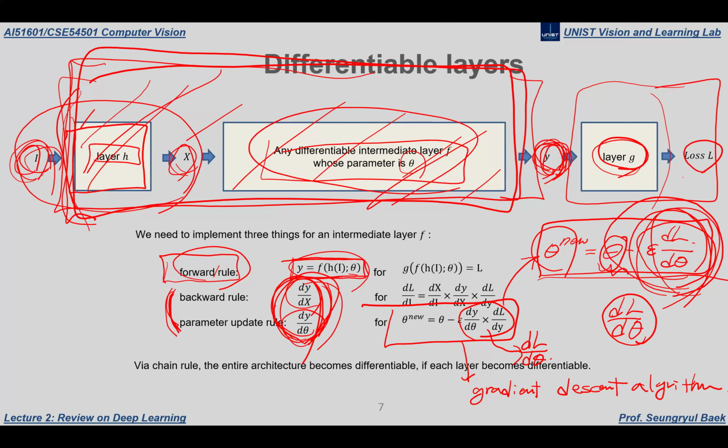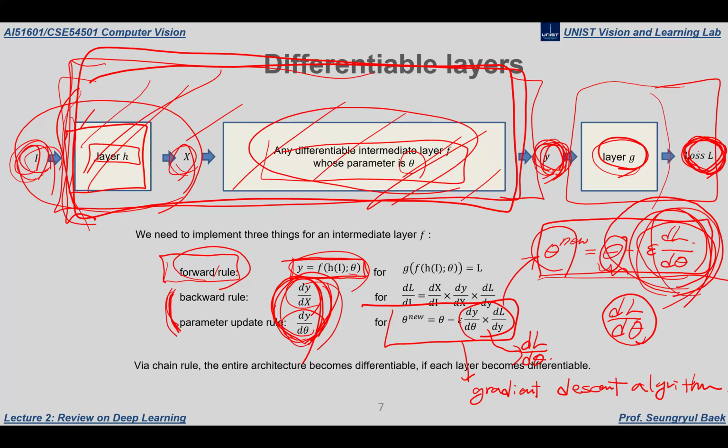In the ideal case, the loss should become zero. So our goal is making the loss close to zero, which means we always want to minimize the loss L.